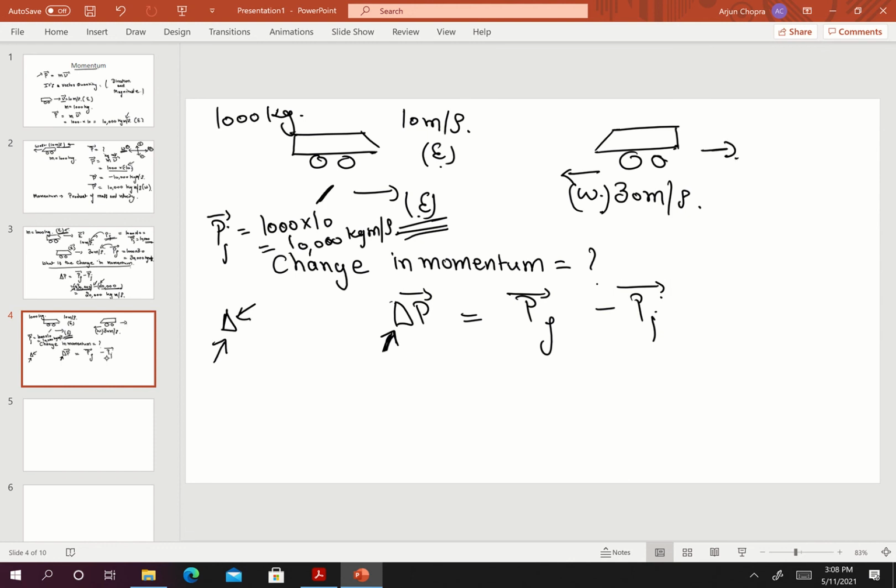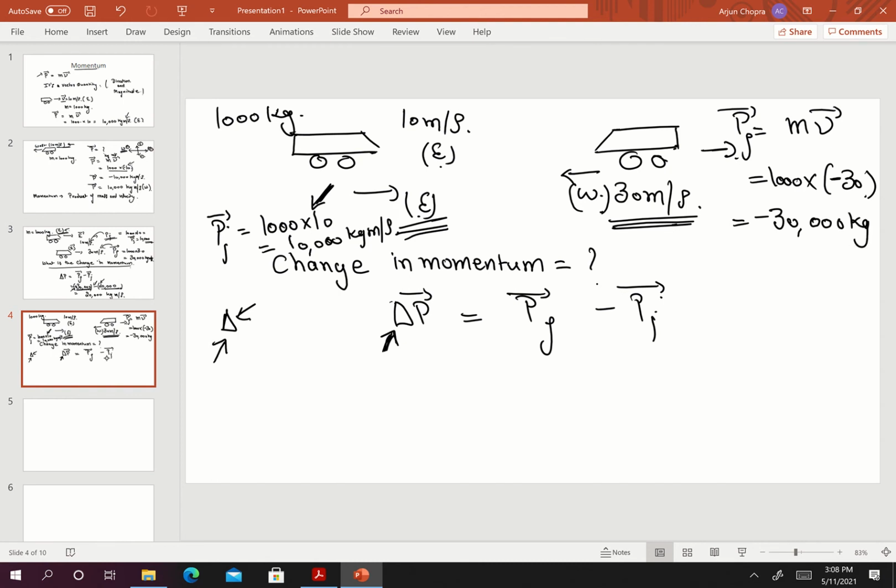this was in east direction, so I kept this number as positive. Right now this is in west direction, so what I'm going to do is I'll say P final is equal to mv. Mass is 1000 kgs. Mass is a scalar quantity, but velocity is a vector quantity, so I'll multiply it by negative 30. So this will come out to be negative 30,000 kg meters per second.